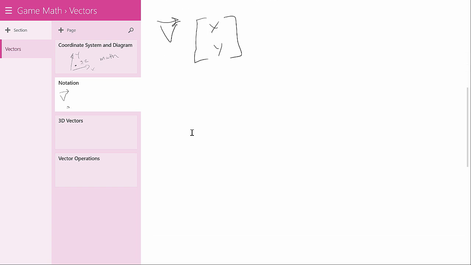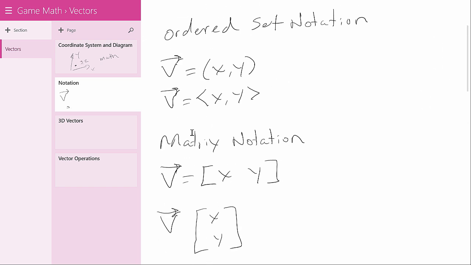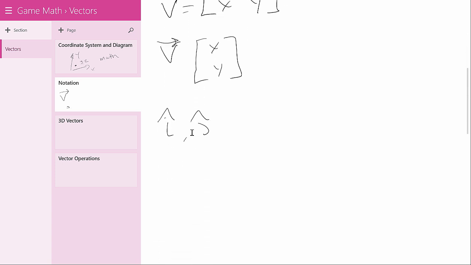The last thing you'll probably see in most physics books is the engineering and physics notation. And that is identified by using the unit vectors, and the unit vectors are usually labeled i with a caret above it, j with a caret above it. Now, I'm discussing two dimensions at this point. For three dimensions, you just add a z component there.